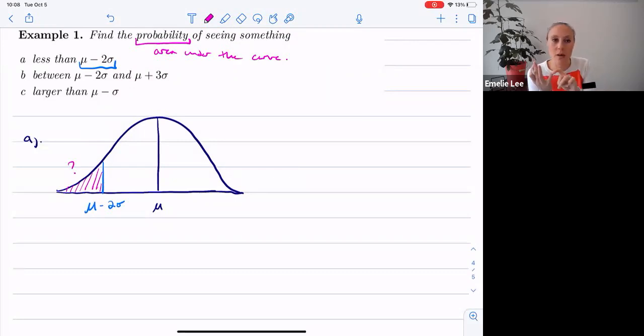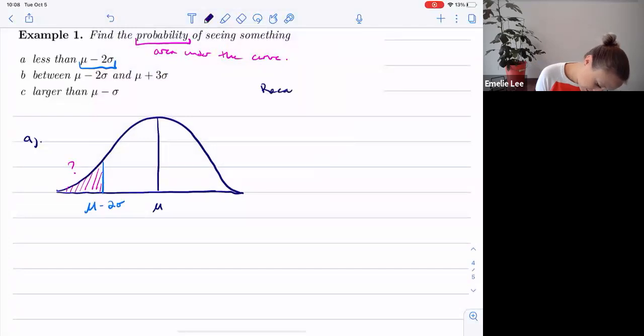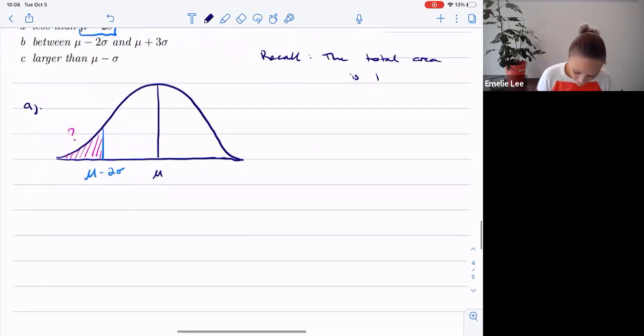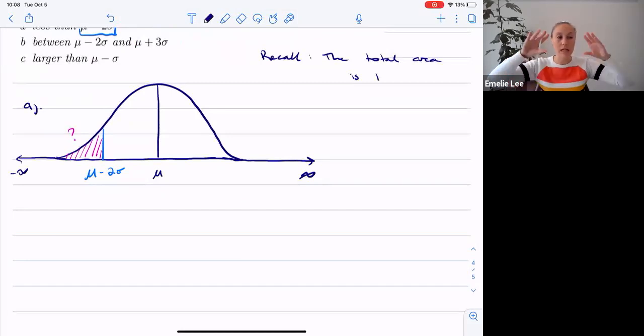Some key things to remember is that the total area is 1, right? And so recall the total area is 1. But also remember, even more confusingly, that these tails technically go to negative infinity and positive infinity, and they never actually close on the axes. That's weird, right?